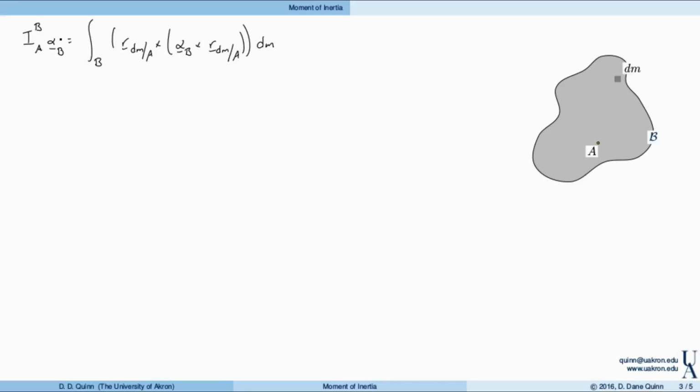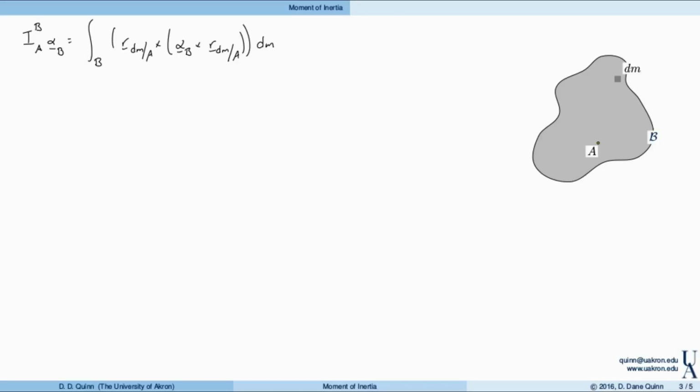Well, it's not terribly convenient because that means every point on the object has a different moment of inertia, potentially. So I don't want to have to go and calculate the moment of inertia about every point. I'd like a simple way of expressing the moment of inertia that will allow me to determine the moment of inertia about point A, where A can be any point, given some other known things.